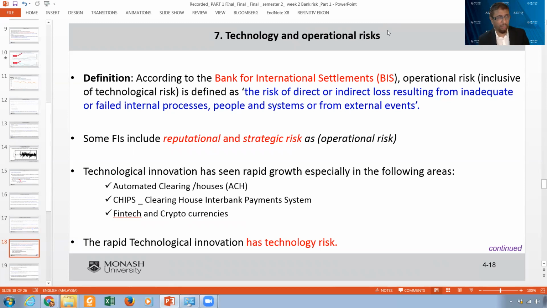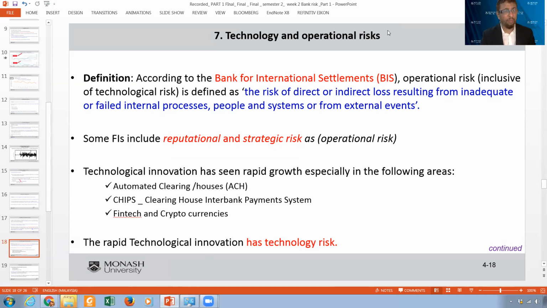All the systems are now automated, and you can have huge failures. You can have hacking, you can have bad systems where customers' accounts and data can be spoiled, stolen, whatever. Bad security, all those cyber security crimes.